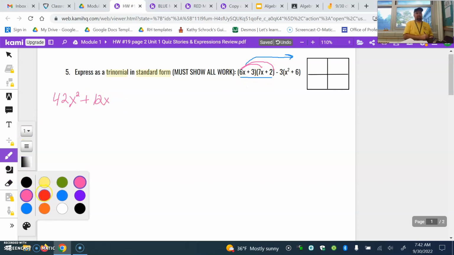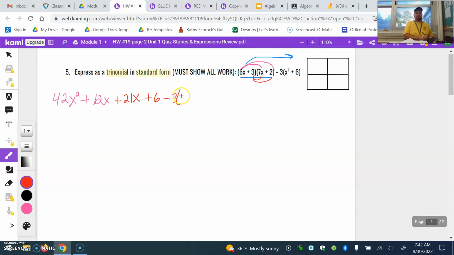Now, let me switch colors here. 3 times 7x is 21x. And 3 times 2 is 6. And then I'll write the remainder of the polynomial, minus 3 parentheses x squared plus 6.